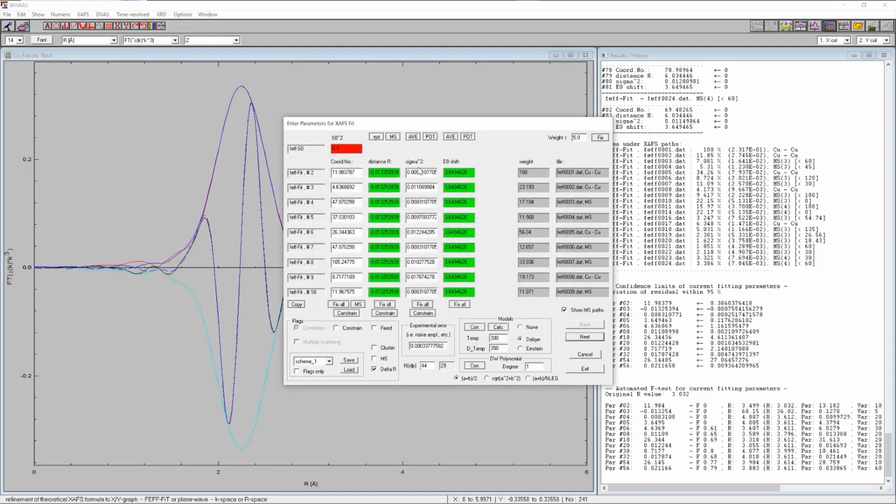So now we have the coordination number and the Debye-Waller factors, and for either one of those we need to decrease the number of free running parameters, and we're going to do this for the Debye-Waller factors because there's another option available here, and this is down here with a polynomial, which basically means that the Debye-Waller factors of the single scattering path will be calculated based on a polynomial, basically based on a line here with a polynomial degree 1.